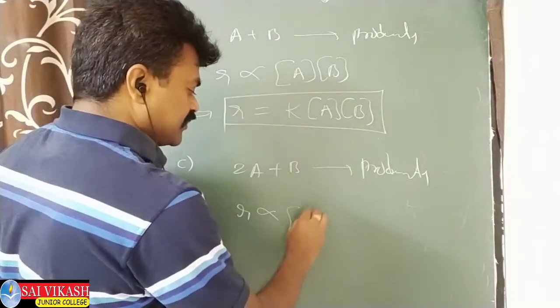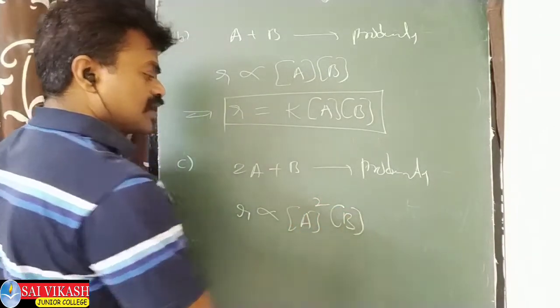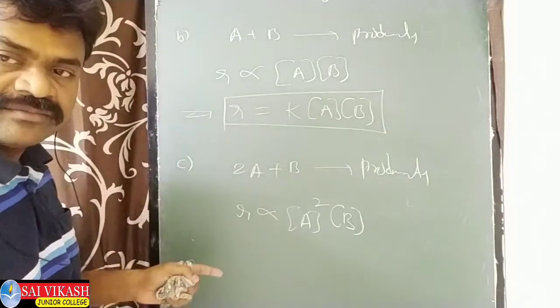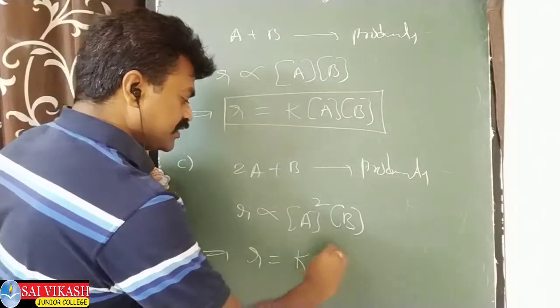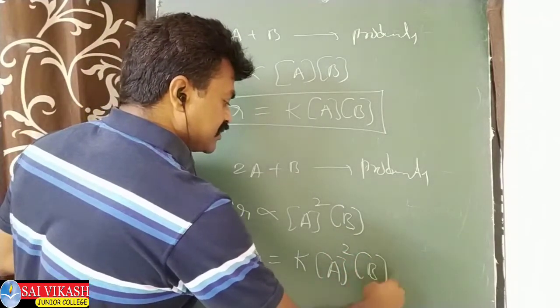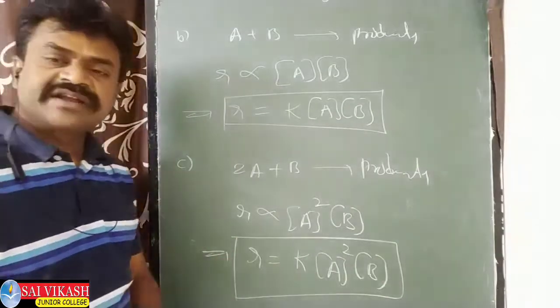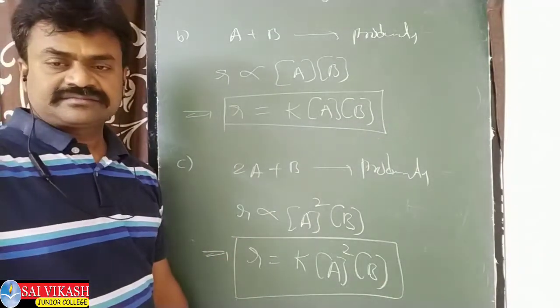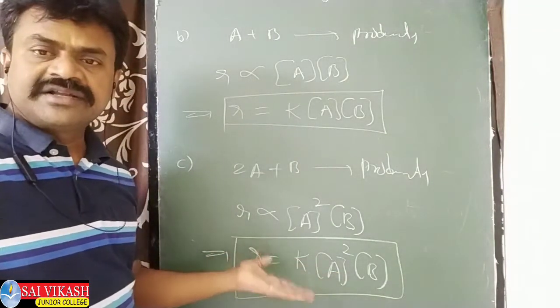So it will be molar concentration of A square into molar concentration of B. Just remove the proportionality, so R equal to K into concentration of A square into B. So this is the way of writing the rate equation.